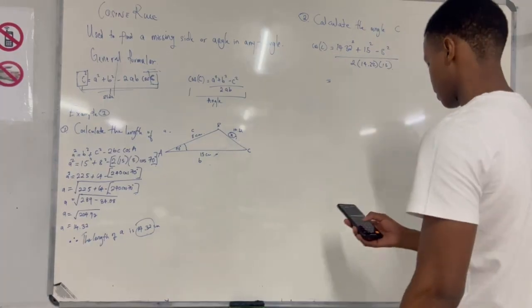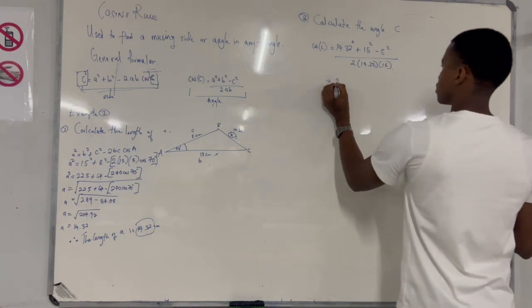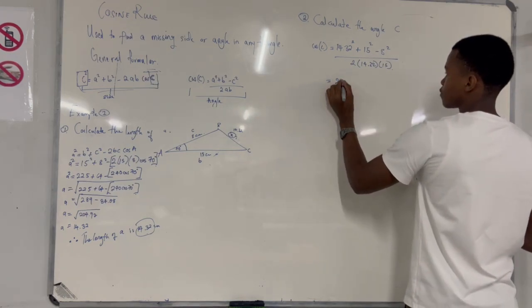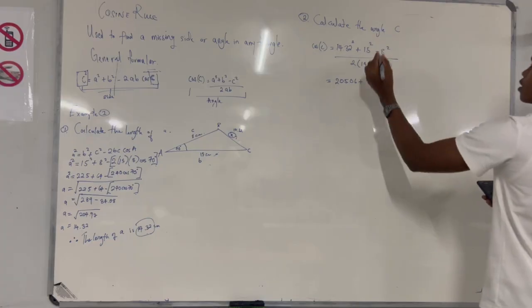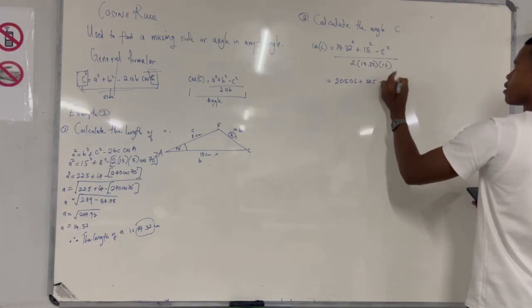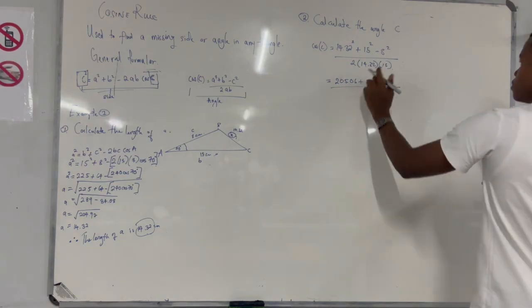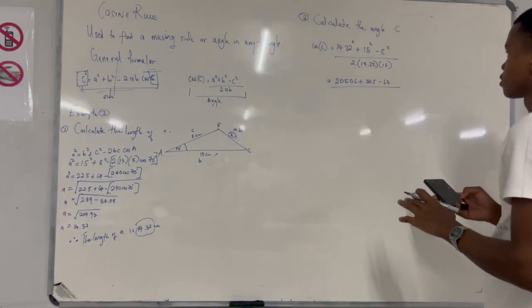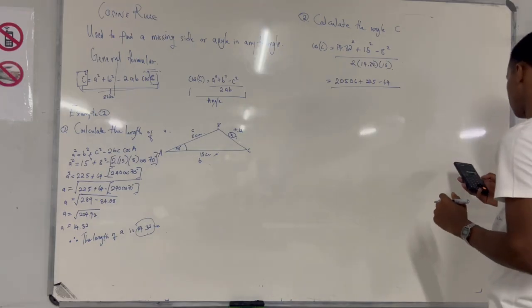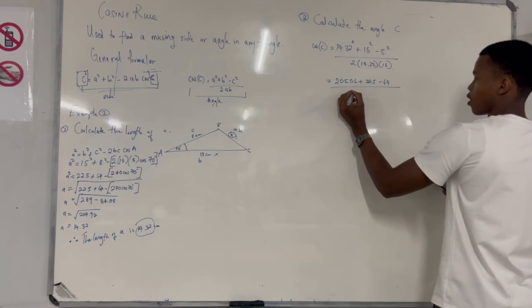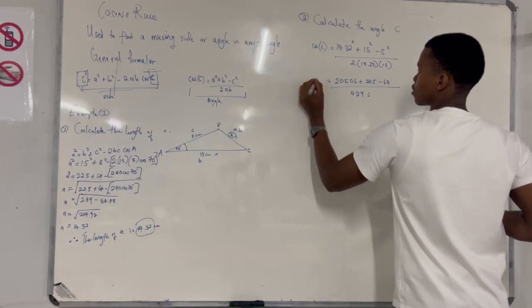Grab your calculator. 14.32 squared is 205.06, plus 15 squared is 225, minus 64, all over 2 times 14.32 times 15, which is 429.6.